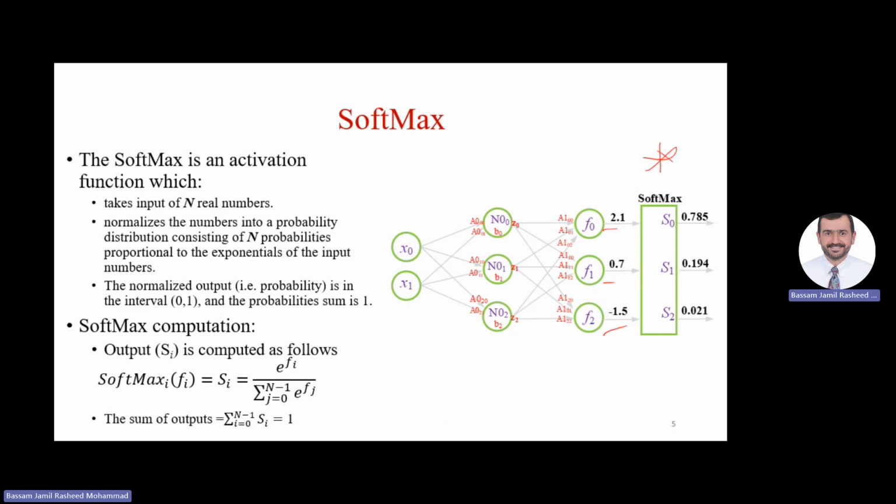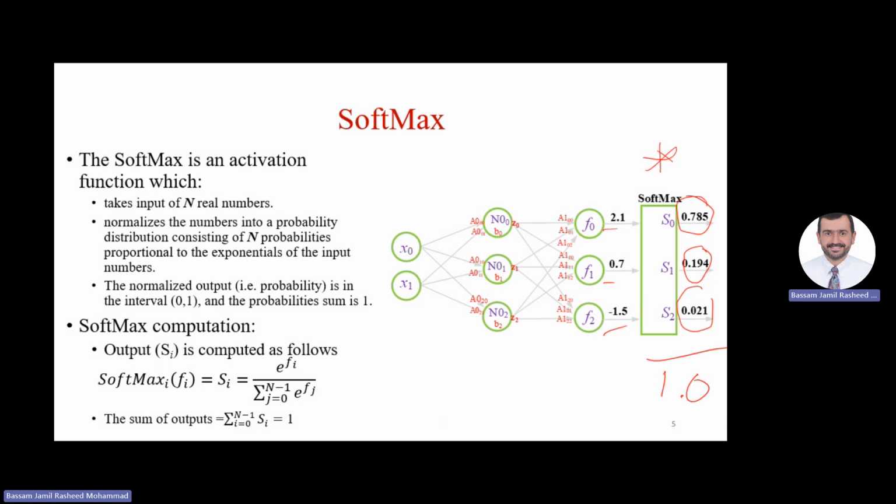And notice that the outputs here, this is the output 0.785, and the second node, the output of it is 0.194, and the third output is 0.021. That's what's beautiful about it. Add them, 1. And that's why we call them probabilities. They are kind of a probability distribution because their sum is 1.